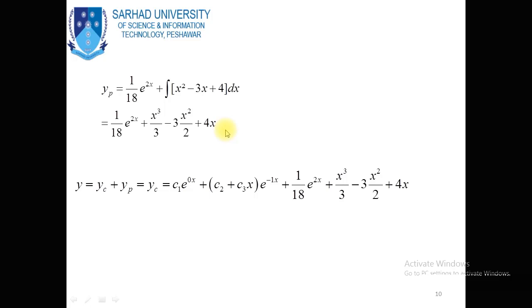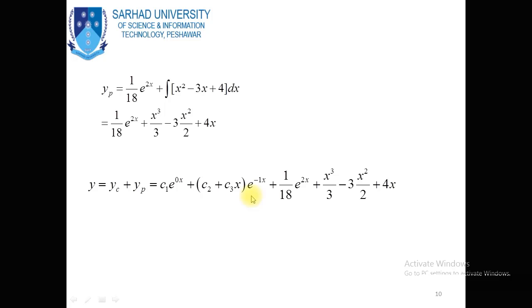Now the general solution of the given differential equation is equal to complementary solution plus particular solution. The complementary solution is c1 e power 0x plus (c2 plus c3x) into e power minus 1x. And the particular solution, you see over here, 1 over 18 e power 2x plus x cubed by 3 minus 3x square by 2 plus 4x.